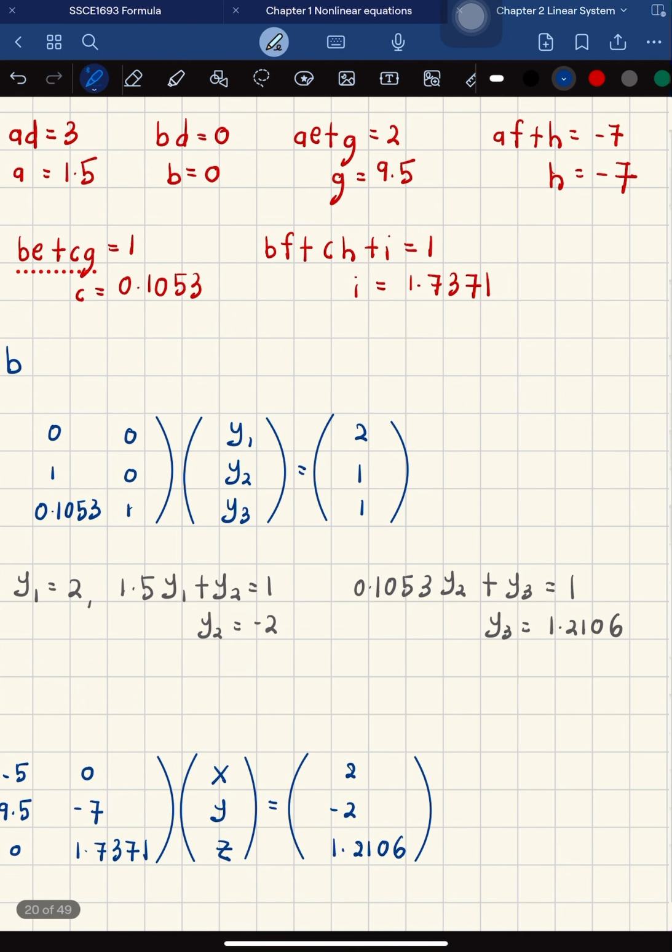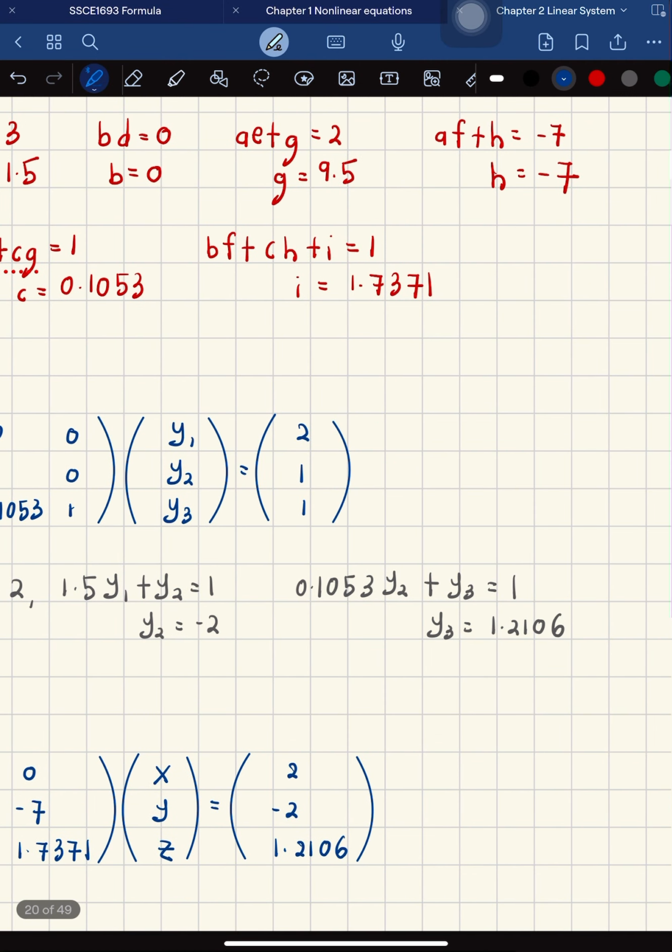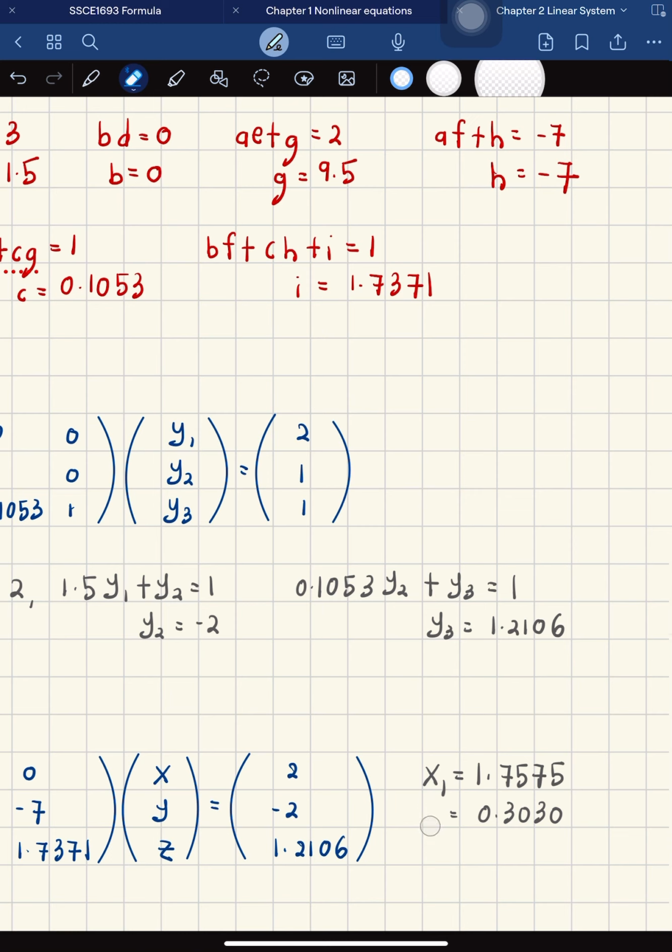So from the calculator, X1 is equal to 1.7575, X2 equal to 0.3030, and your Z is equal to 0.6969.